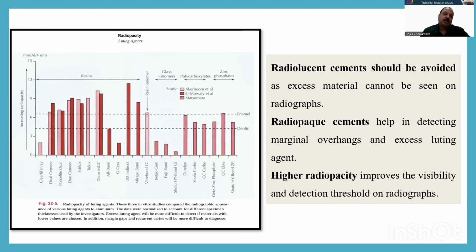Then again, it will lead to inflammation of the gingiva, pocket formation, and subsequently periodontal tissue loss. So the radiopaque cement mostly used, there are many cements available, but most commonly used for your metal ceramic or zirconia restoration is glass ionomer cement.